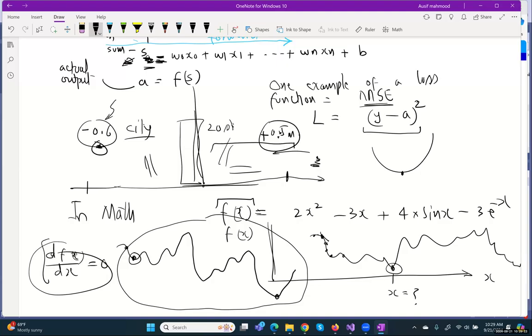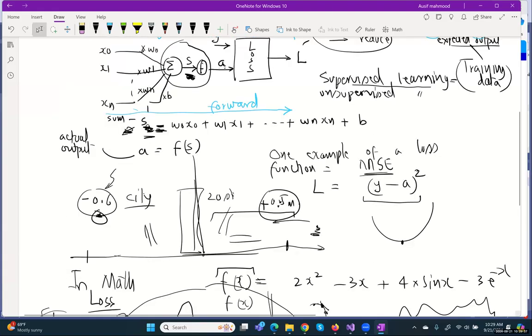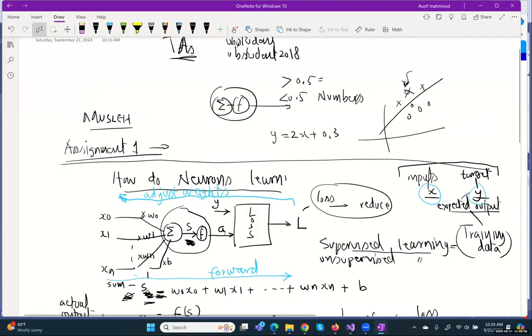So remember this, think of it this way, our loss is a function. Okay, a function of the inputs, function of the weights. Okay, so we want to find out what are the ideal weights that we will set over here. This is what we will be controlling, W0, W1, Wn, and B. Okay, input data we do not control. Somebody says for this input, this is the target. Okay.